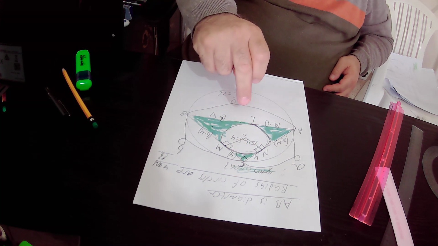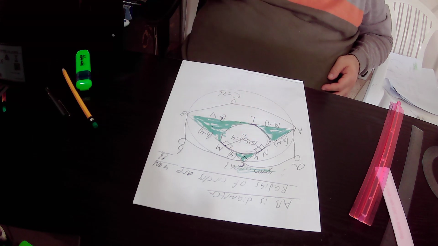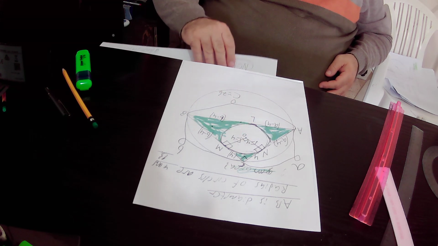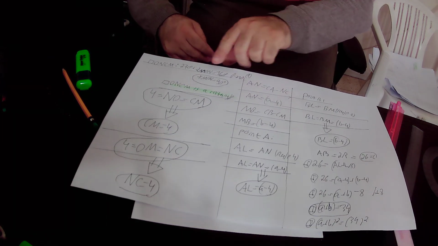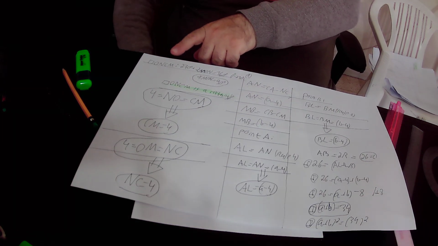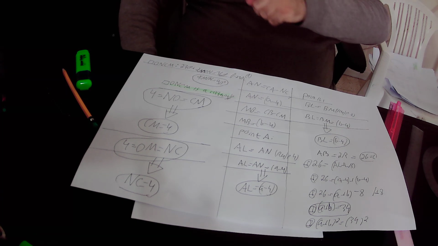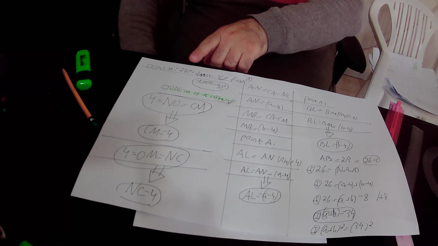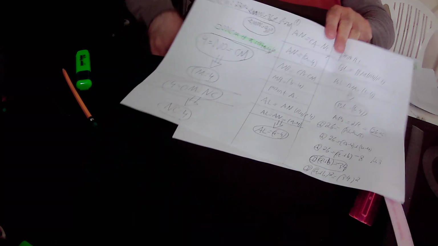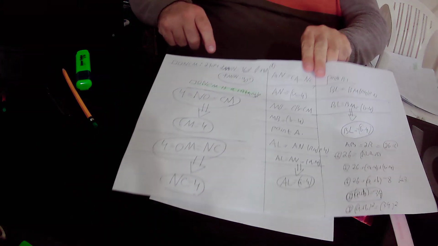So in quadrilateral OMCN, we have 3 right angles. I repeat again, in quadrilateral ONCM, we have 3 right angles. The sum of 3 right angles is 90 times 3, which is 270 degrees, plus the size of the fourth angle, that is angle MON.